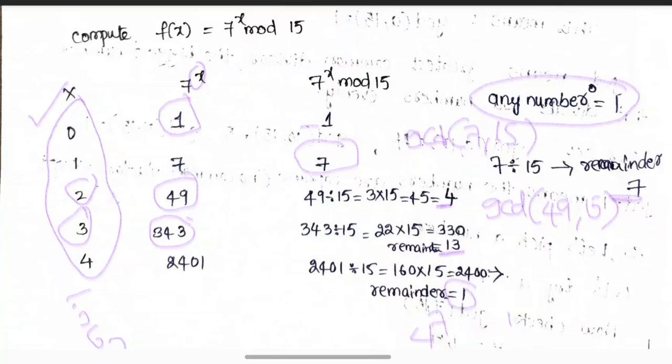So this is the repetition, that is nothing but 1, 7, 4, 13. These four numbers, we denote it as R, and we call it the period.